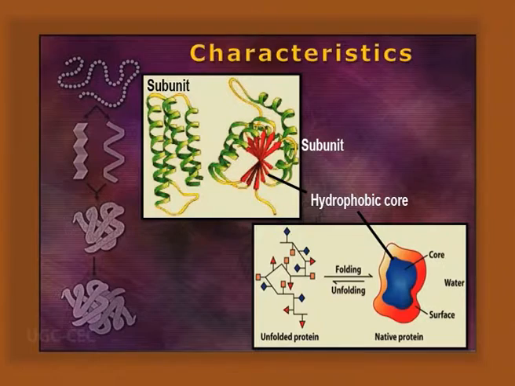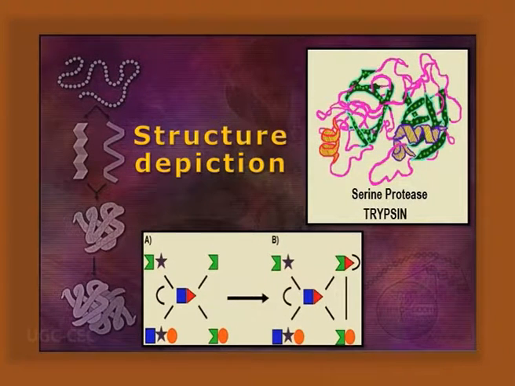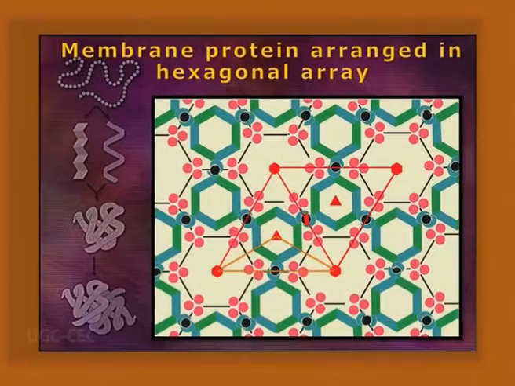In case of a multi-domain protein, we can find different independent subunits and larger molecular weight proteins. In structure depiction, alpha and beta structures have different propensities to fold. They make a crystalline array of the protein. The membrane protein has a hexagonal array.